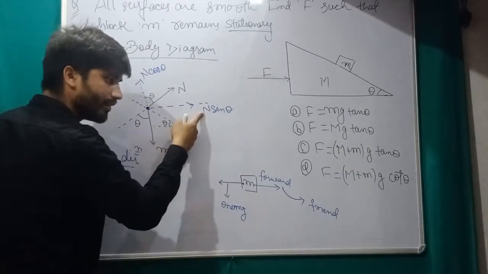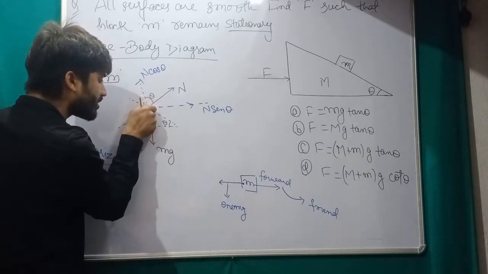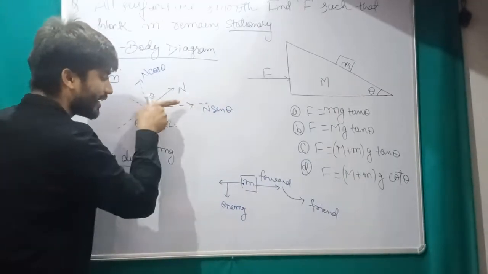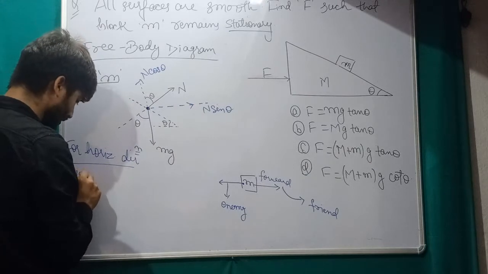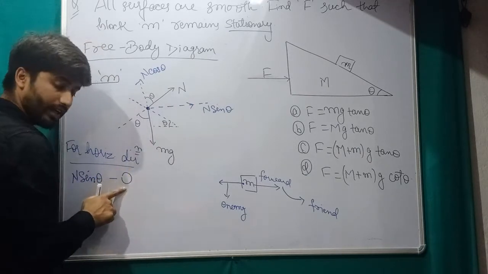Any enemy over here, any force pushing small m in the backward direction? No. That means only the friend is here.